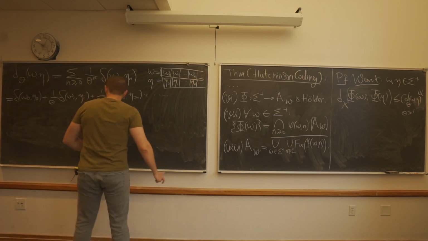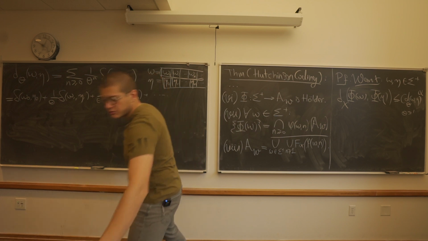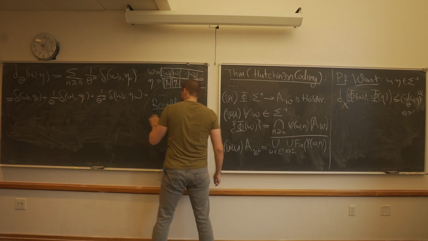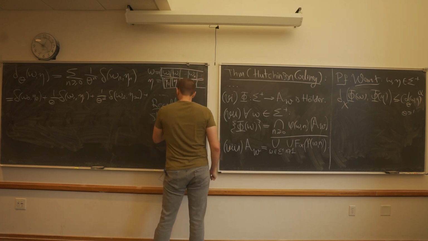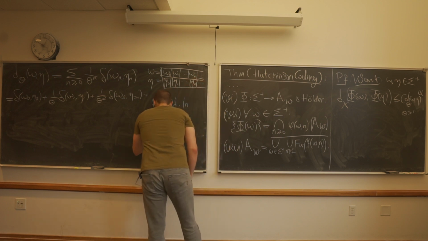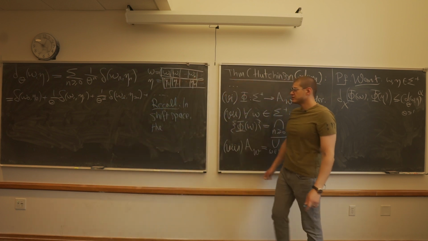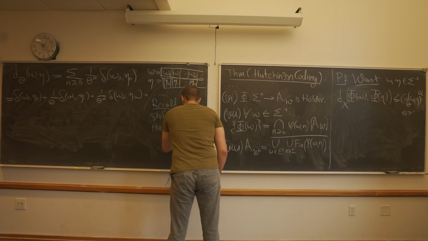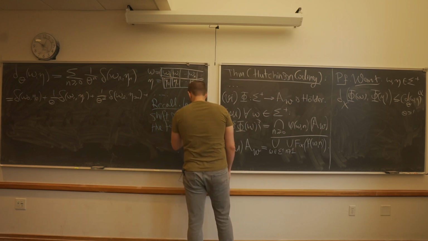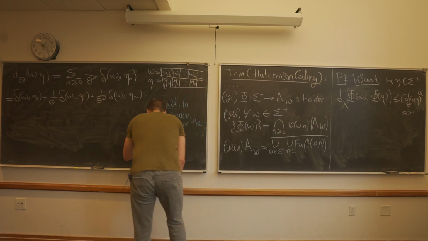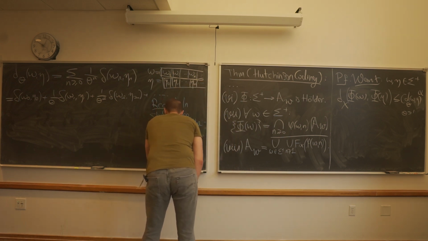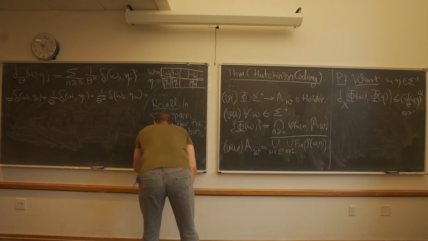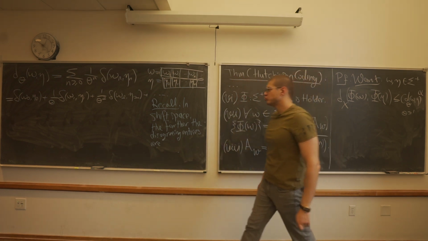So recall, in shift space, the farther away from the 0 entry the disagreement is, the closer the 2 points.